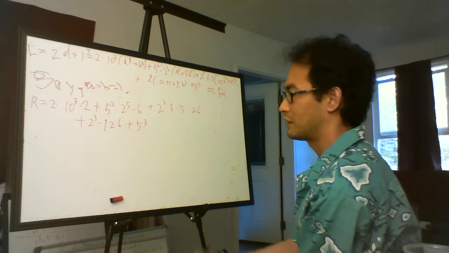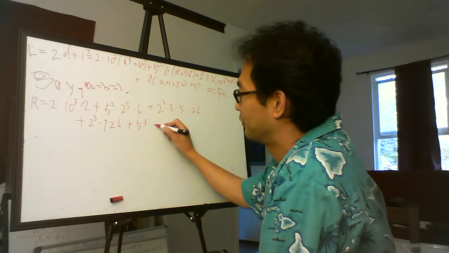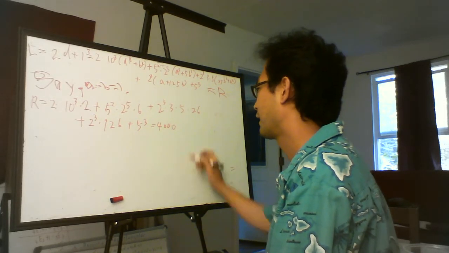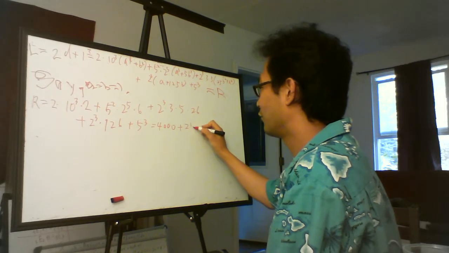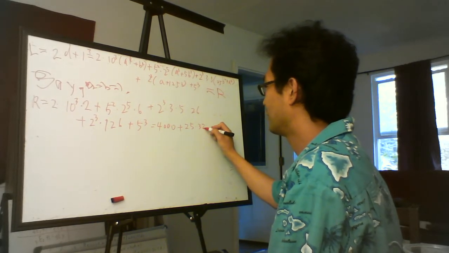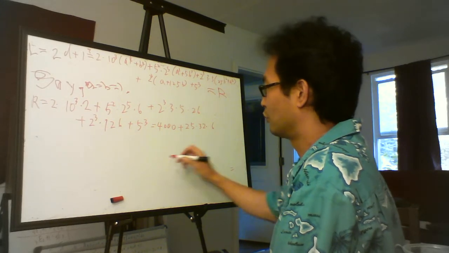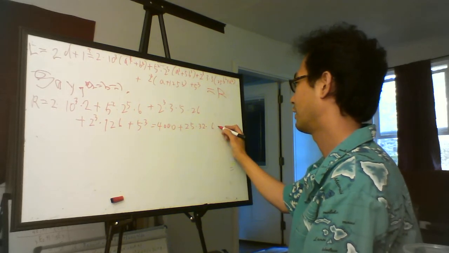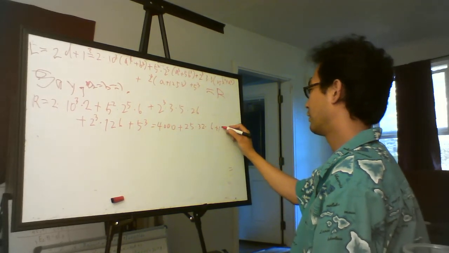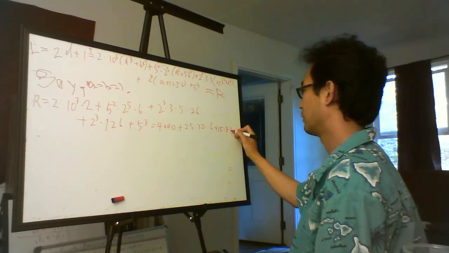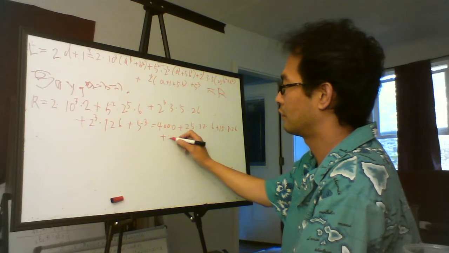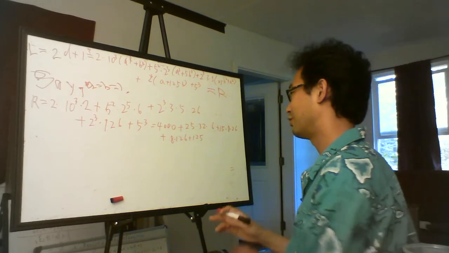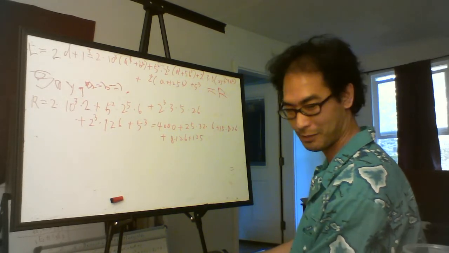What is it? Let's calculate. 4,000, right? Plus. We'll do it by hand, we're not gonna use any calculator. We are old school. No, we better use some calculator. I'm not gonna calculate all this. Where's my cell phone?